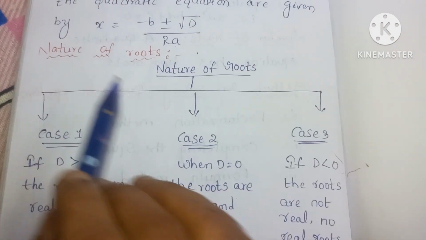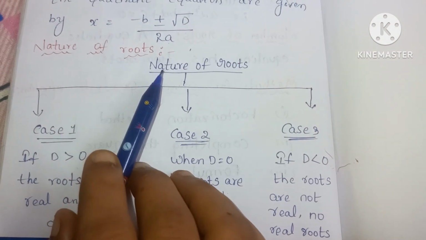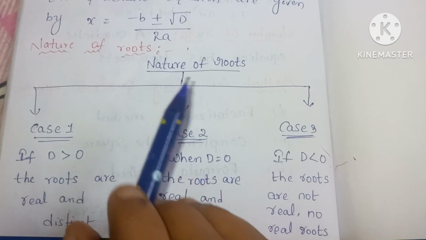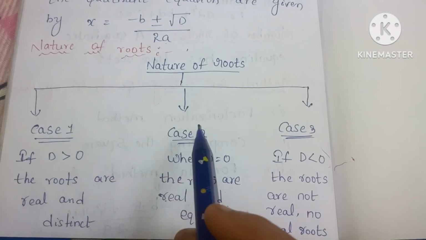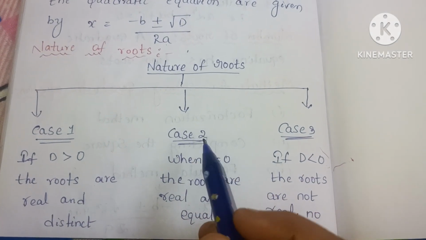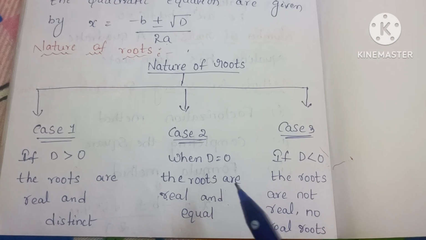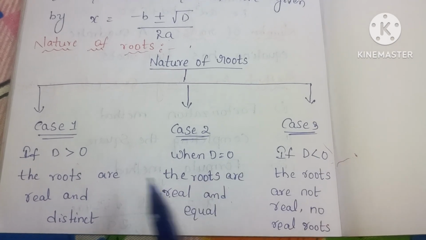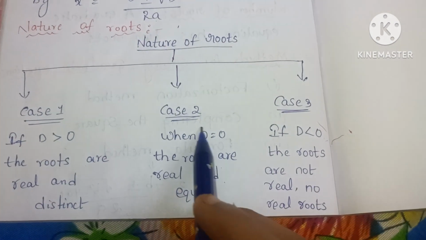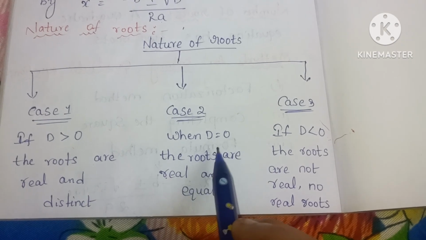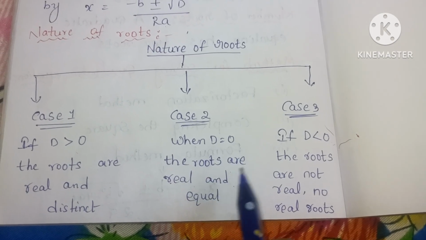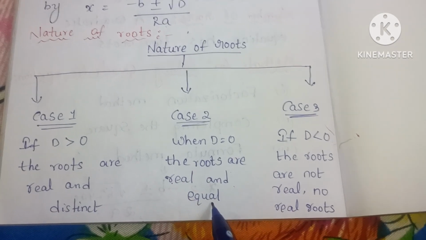The topic is nature of roots. We are going to deal with the nature of roots, which means we can see how the roots will be. What is the nature of roots? Case 2: if D equals 0, then the roots are real and equal.